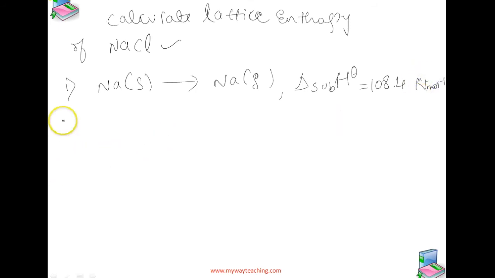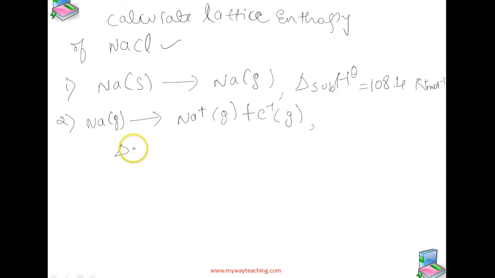The second step: Na gaseous is converted into Na plus gaseous plus e minus, the ionization of sodium atoms, ionization enthalpy, delta I is equal to 496 kilojoule per mole.